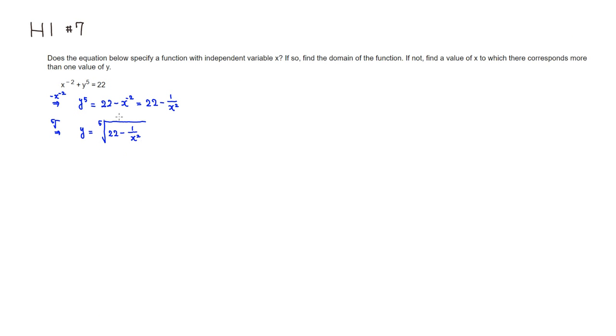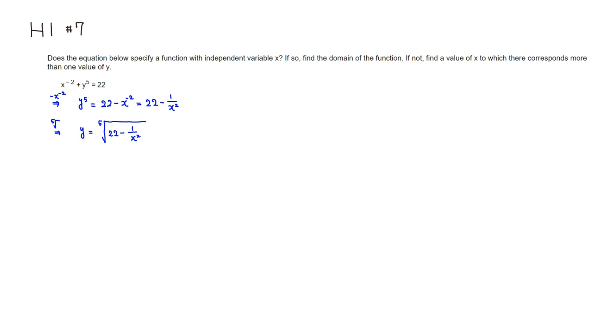You look at this function, and this is an odd root, a 5th root. A 5th root can take any number, even negative numbers, and we wouldn't have a problem. If it was a square root, that would be a different story. But in this case, with a 5th root, there's no restriction there.